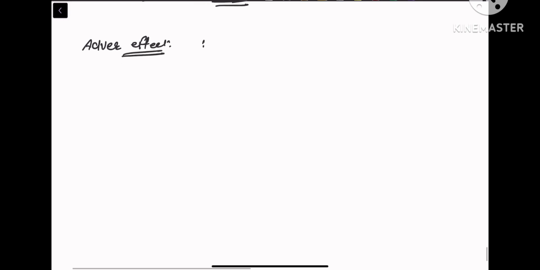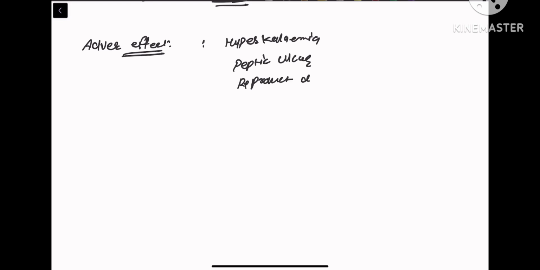Adverse effects will be hyperkalemia, peptic ulcer, and reproductive dysfunction.